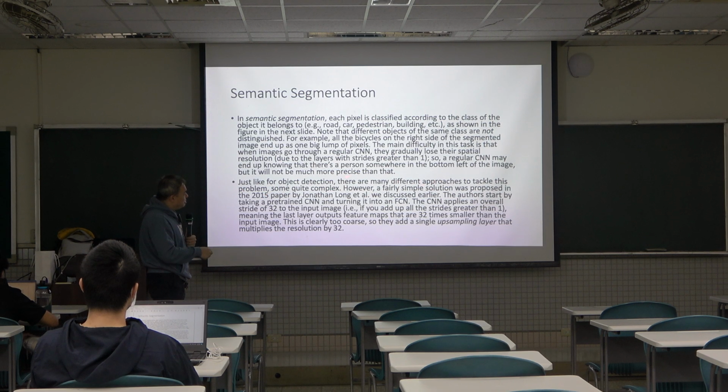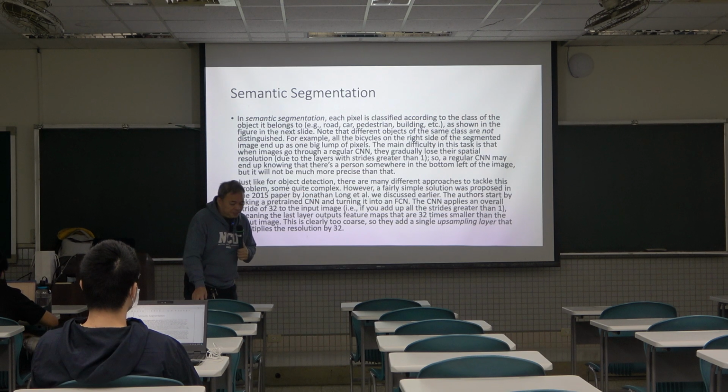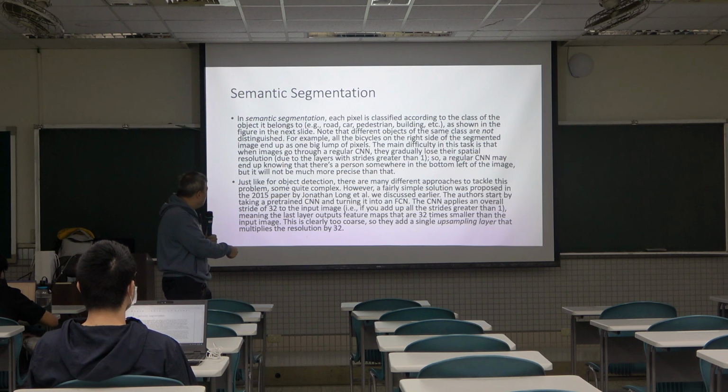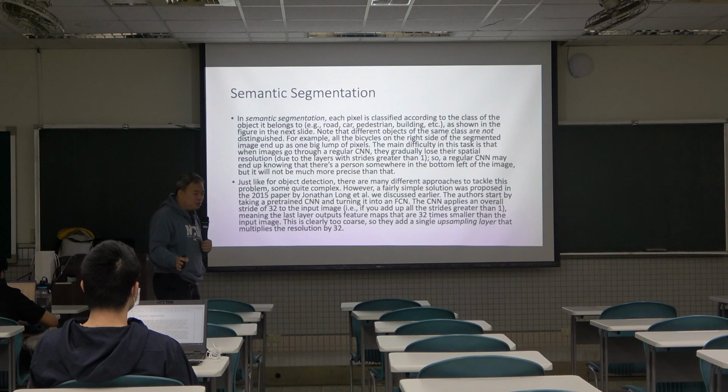I already told you, for this problem there are many approaches to deal with that. One solution I talked about, remember Jonathan Long? I told you the fully convolutional network was proposed by Jonathan Long in his 2015 paper for semantic segmentation.